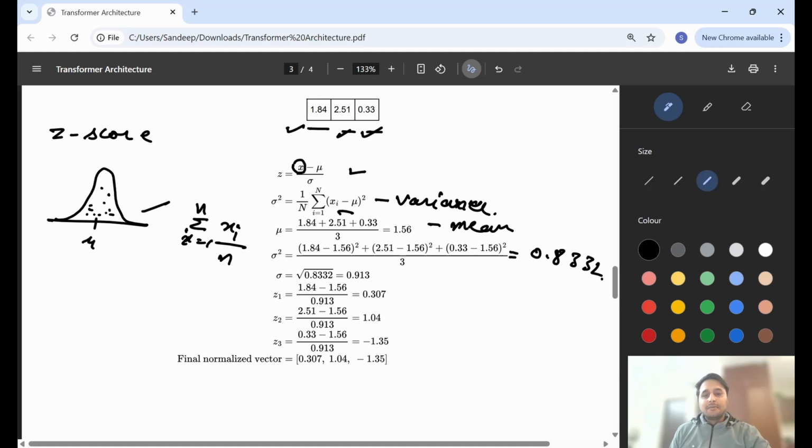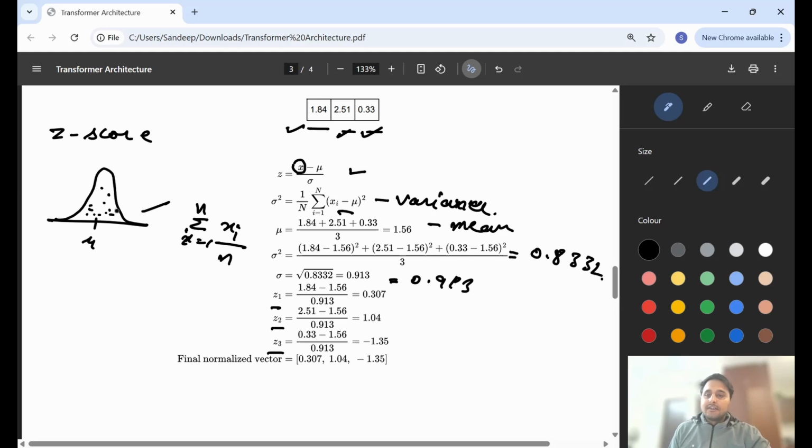Standard deviation is the square root of variance, so we take the square root of this value and get 0.913 as our standard deviation. Now we use the mean and standard deviation in our Z score formula. We calculate Z score for all three values, Z1, Z2, Z3: 0.307, 1.04, and minus 1.35 will be our values.